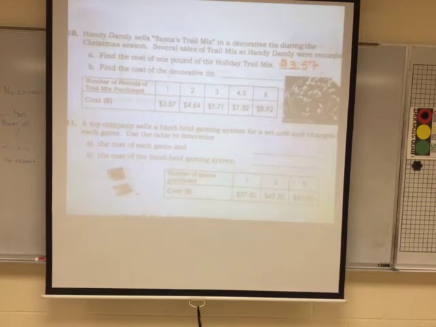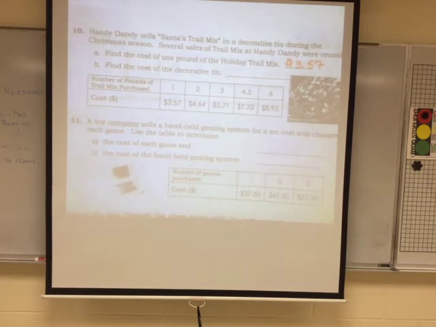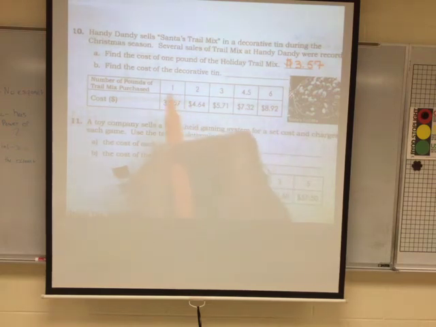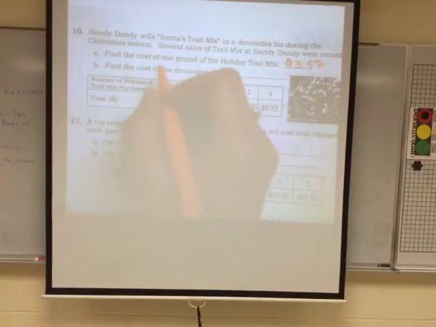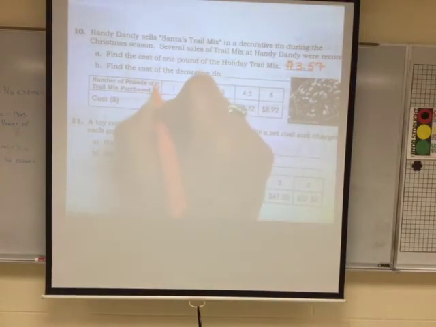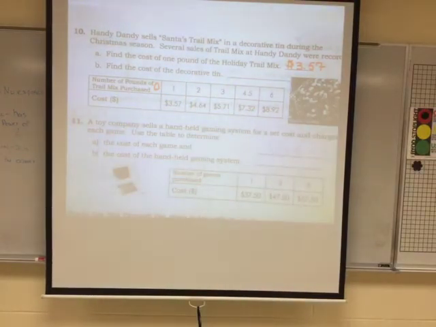B says, find the cost of the decorative tin. There's a couple of ways to find this. What I'm going to do is see if I can find an average rate of change, and then work backwards to see, well, when you buy 0 pounds, what would be the cost?